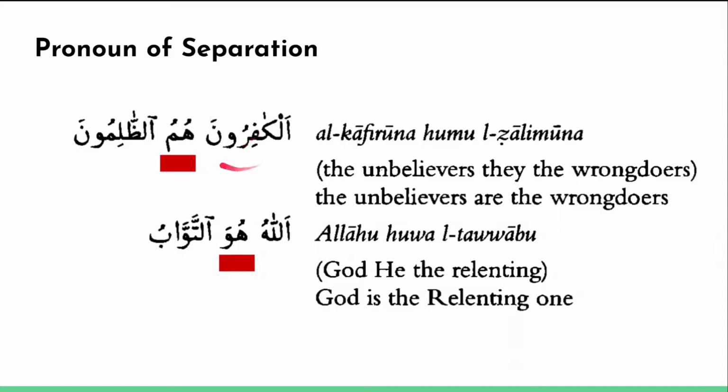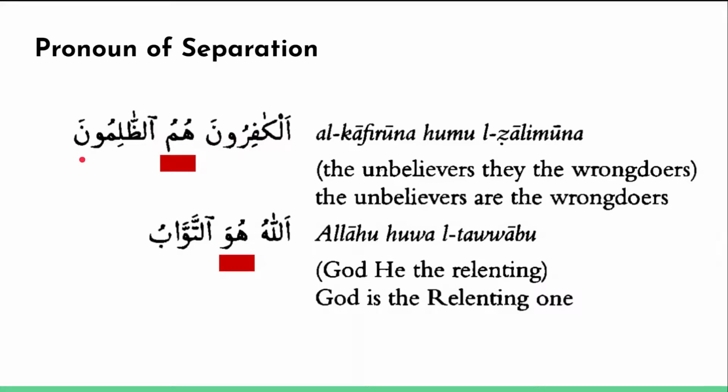And it's plural, marfu', and masculine. And so the predicate is going to be all of those things. You'll notice that zalimun is also plural, also marfu', also masculine, and so on. However, I didn't say al-kafiruna zalimuna, the unbelievers are wrongdoers. This is saying the unbelievers are the wrongdoers.